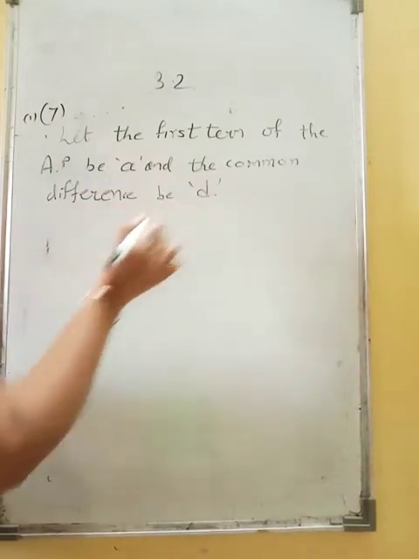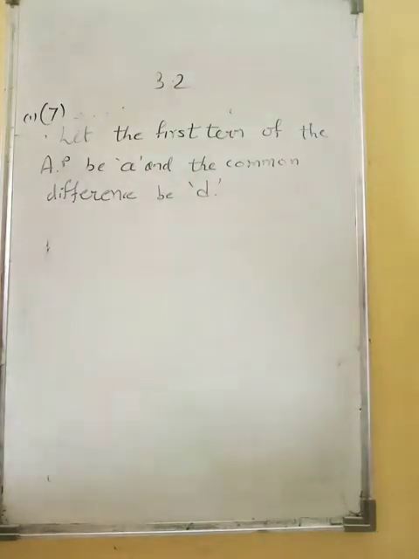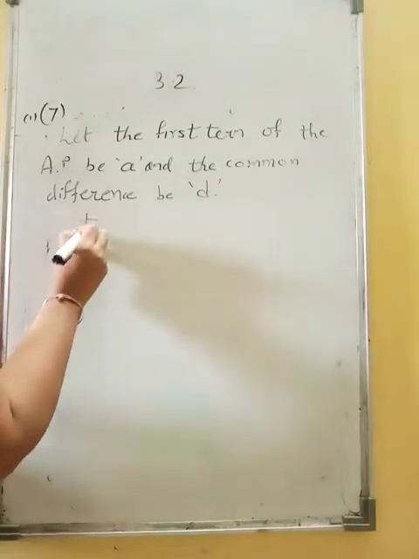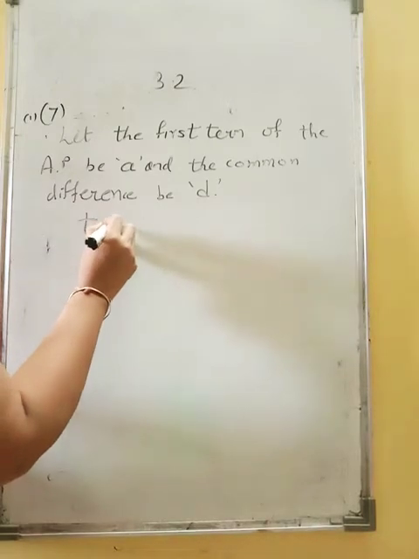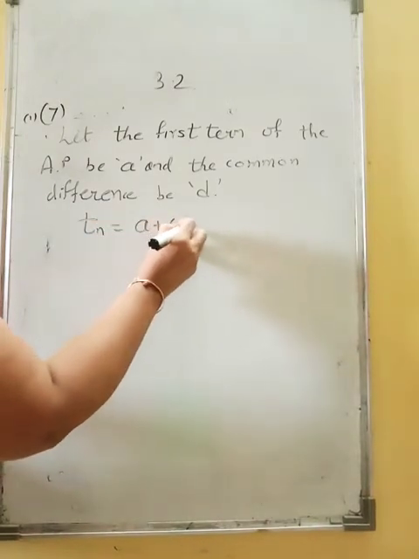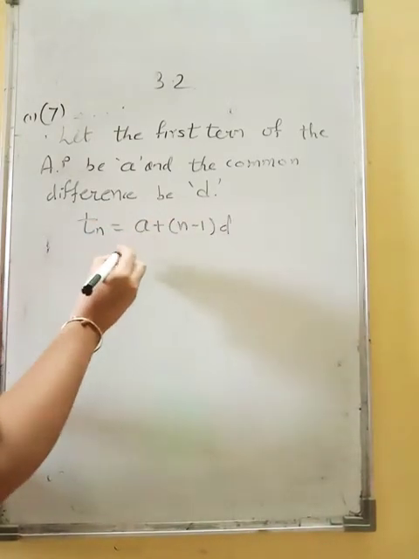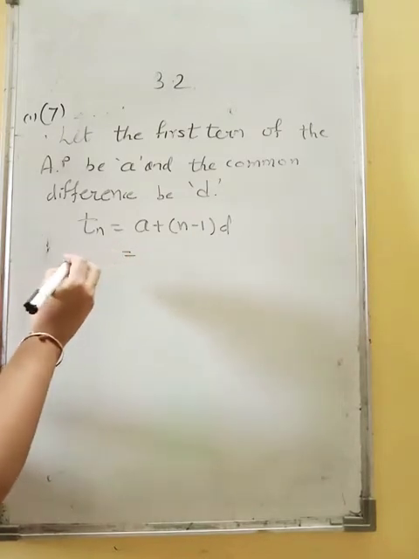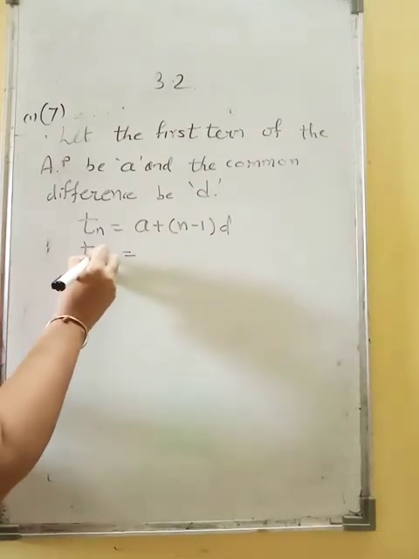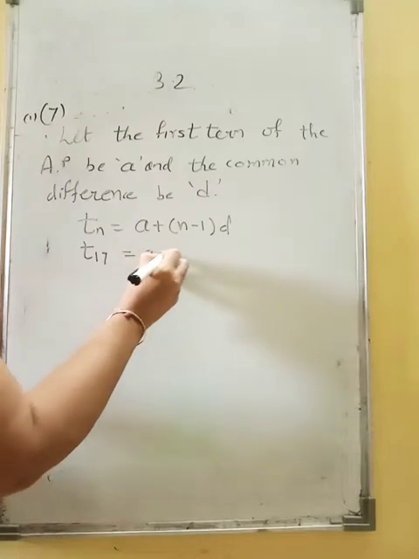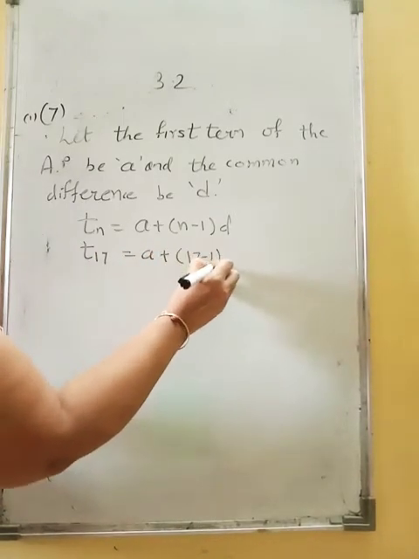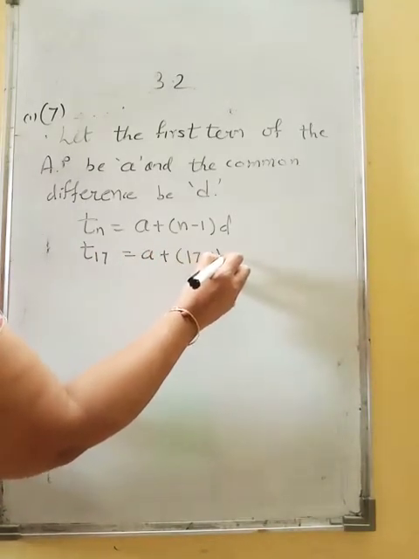So we have defined a and d. So now let us use the formula. Tn is equal to a plus n minus 1 into d. You are given T17. So T17 is equal to a plus 17 minus 1 into d.